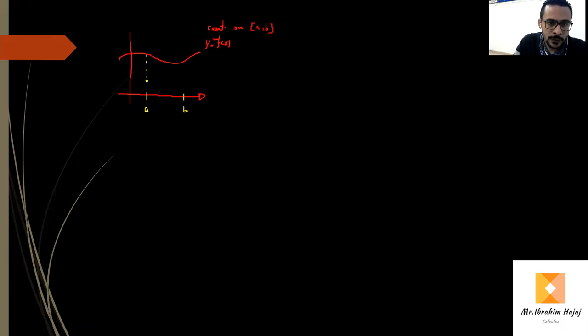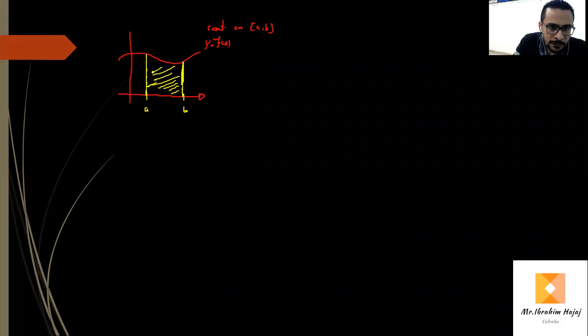Any two numbers, between 1 and 2, between 3 and 4, between -1 and 2, anything. A and b is a closed interval. A is included and solid lines here, and b is included. This area under the curve or under this function f can be represented by a definite integral from a to b of f of x dx.